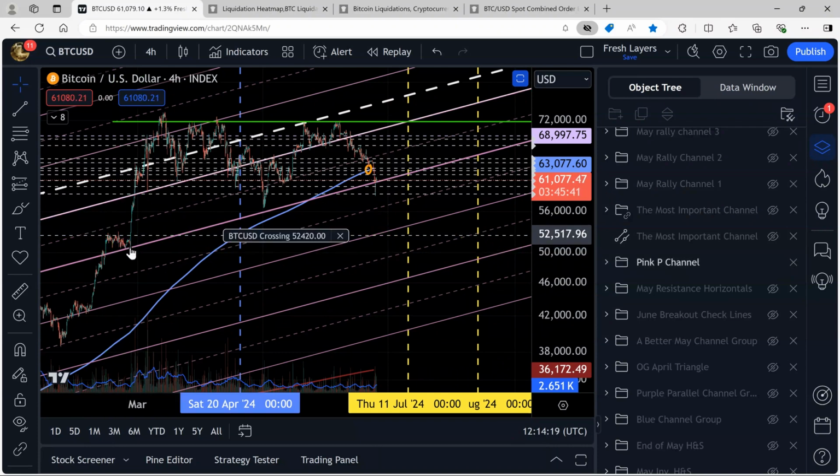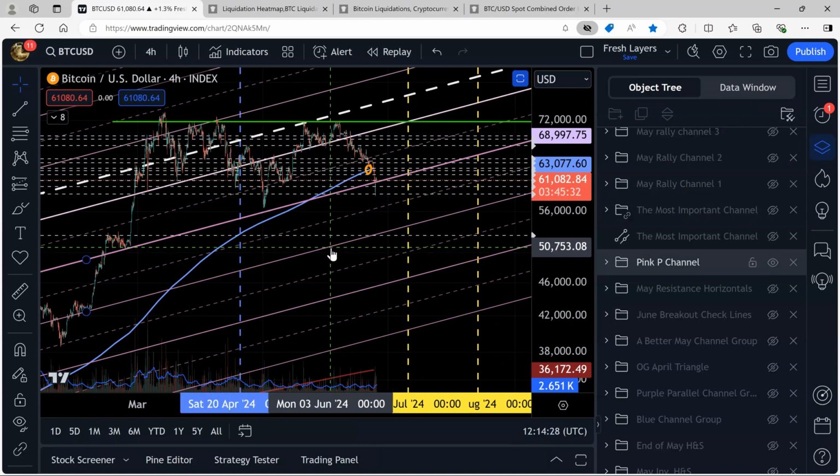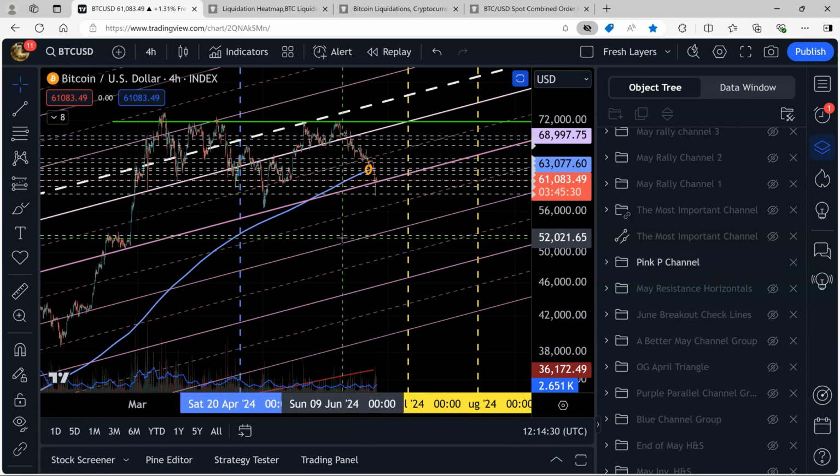You got horizontal support here, 52,000, you got horizontal support. Now over here, we got that alert line right there, so we can see where that intersects this pink parallel channel right here.